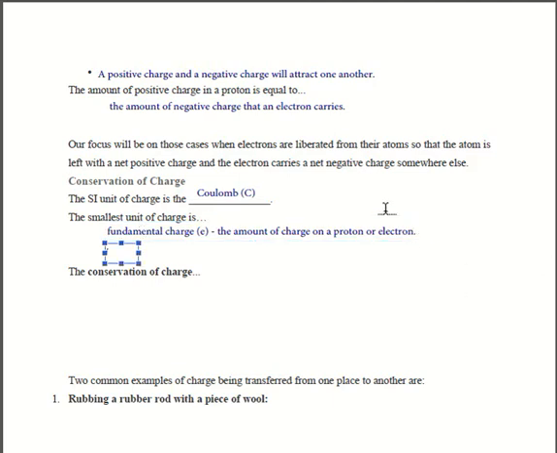So then the actual amount there, like you saw in the Khan Academy video, is just about 1.6 times 10 to the minus 19 coulombs. So positive when it's for a proton. If we're talking about an electron, then we just make e negative.